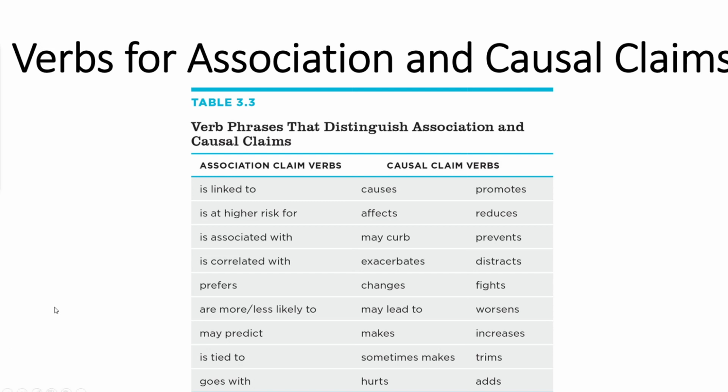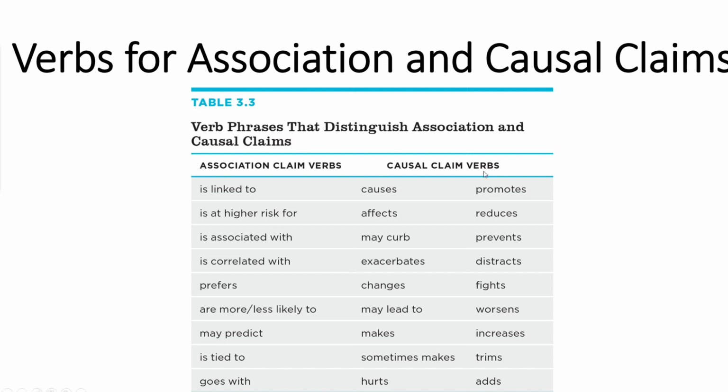So when we're talking about associations and causal claims, I've stressed the fact that both are going to be talking about relationships between two variables, but an association claim is just saying that there's a relationship. The causal claims are the ones that give us a direction, saying that one variable causes the other.